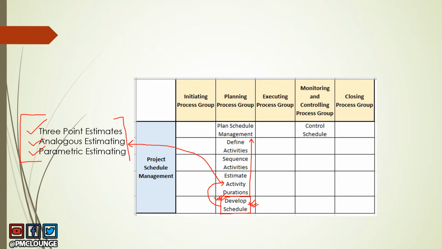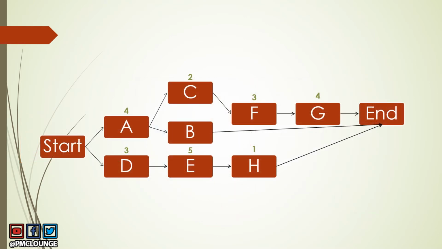We calculate the duration of the activities, and then those durations serve as an input when we come to the next process, which is develop schedule. This is where we make use of the estimates from the previous process and we create a schedule. So that is the reason why you see these durations available whenever you are given a question on calculating the critical path or early start, early finish, float. These values you have already calculated in the previous process.